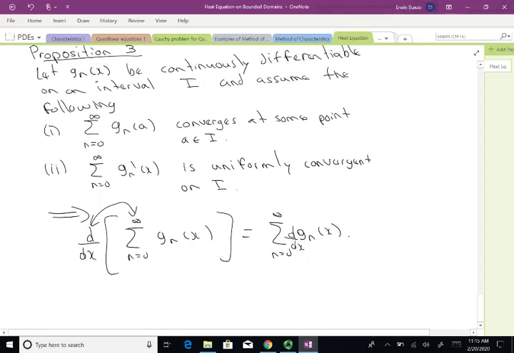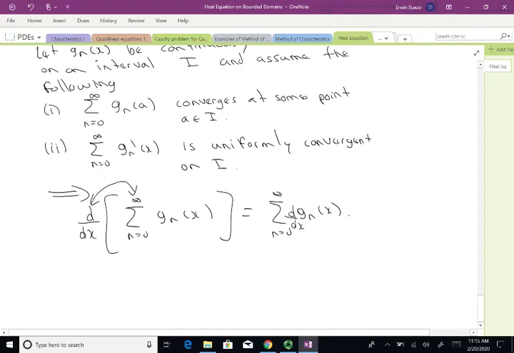Let's say we want to apply Proposition 3 to u(x,t), but with the derivative with respect to time.